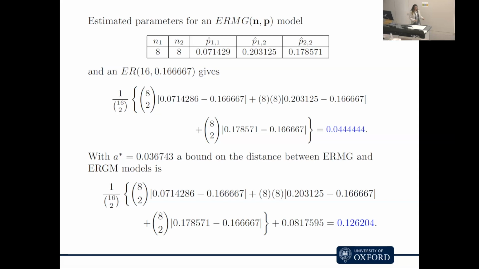But is it enough to say that the ER approximation is good enough just by looking at this bound? We have no standard for how large it should be. It just gives us some theoretical guarantees, but we can't draw any concrete conclusions about the fit of the model.